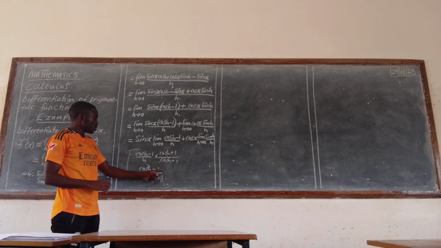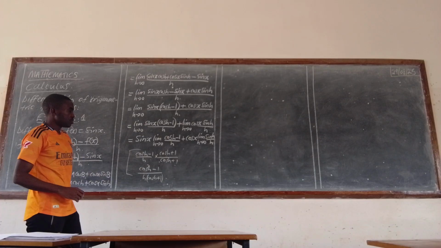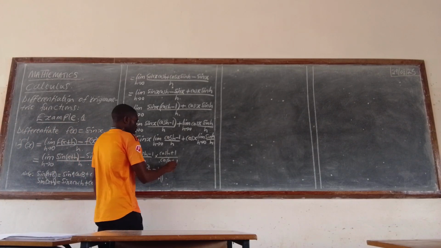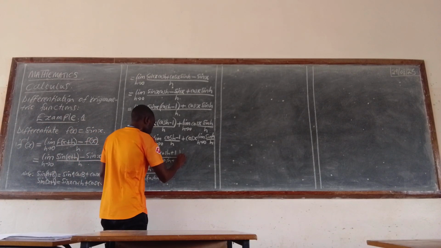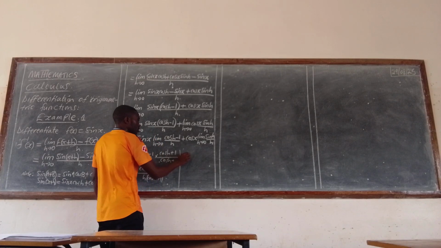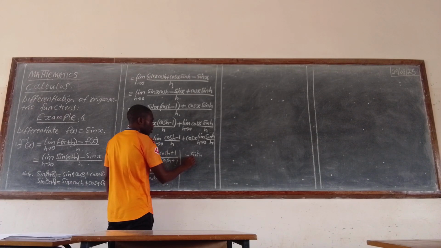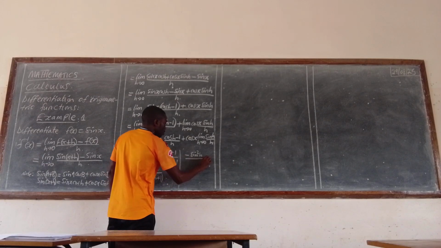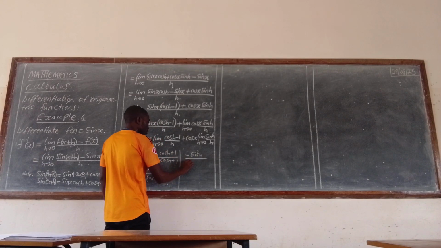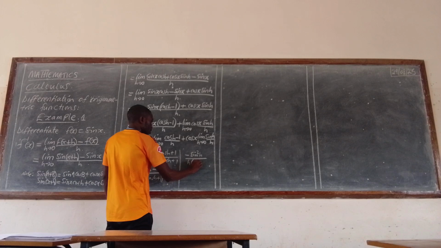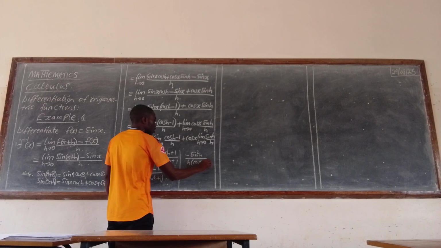And this, going by the identities, is just the same as negative sine squared h divided by h times cos h plus 1.